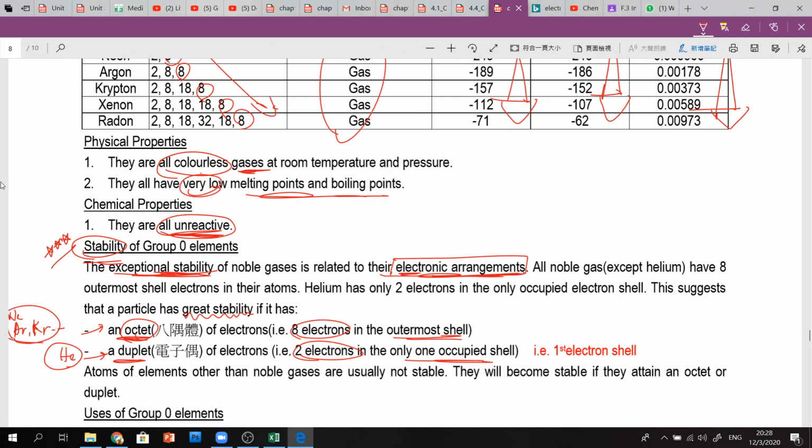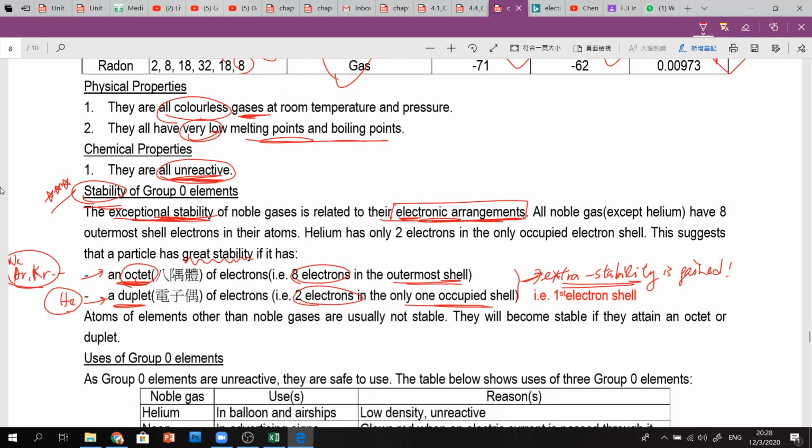So they would gain what? Extra stability is gained. Okay, extra stability, or exceptionally high stability, 穩定性.